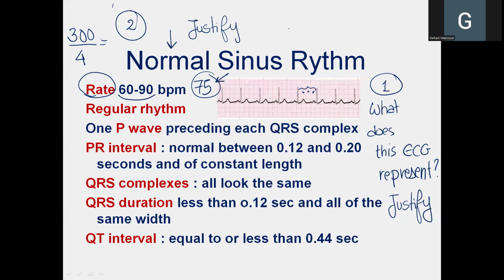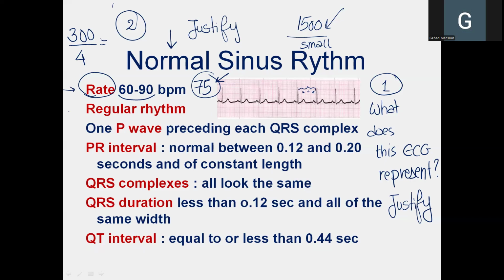So I cannot divide 1,500 by the number of small squares. But of course, on the answer sheet, you would rather use this method, since you don't have an integral number of big boxes between two successive QRS complexes, then you had better use this method.